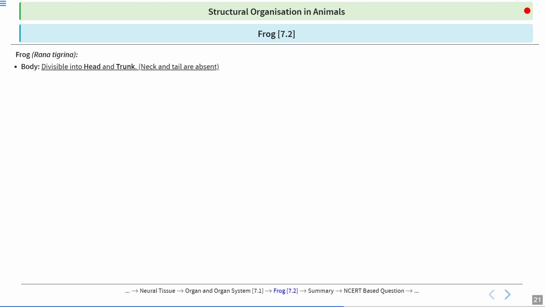The body can be divided into head and trunk region. Neck and tail are absent. They do not have any neck and tail. The tail is present at the time of their larval stages. Yes, but they also require water for their reproduction, right?